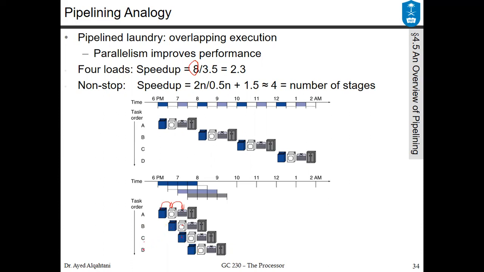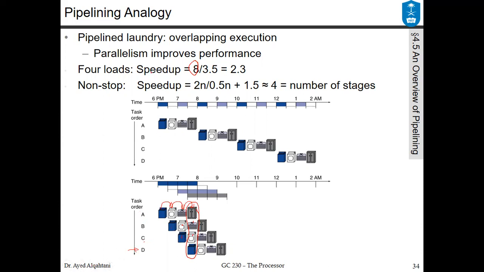And at D, which is an interesting point, when D load starts, A is putting the clothes in the drawer, B is folding, C is drying, and D is washing. And here, all the resources are used among the different loads.